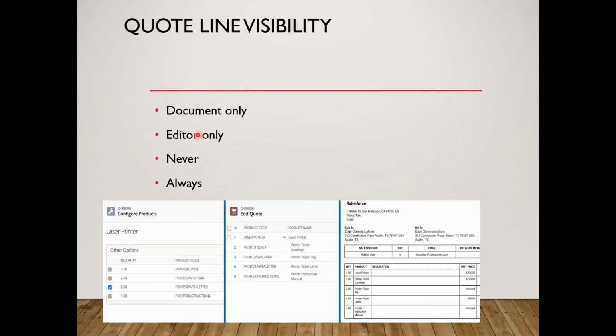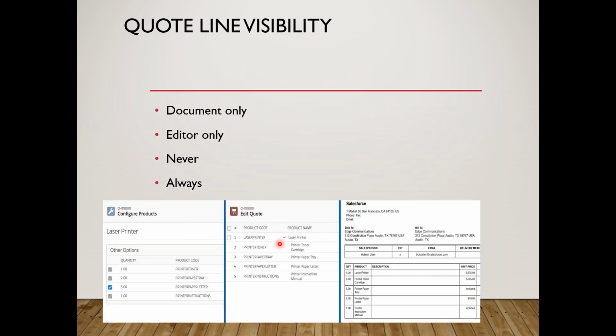What is Editor only? That is the second type of quote line visibility. Editor only means it will only display on the edit line screen. When you are actually adding a product, you will see that product and can change anything there, but you don't want to show it on the generated PDF. It will only display on the editor screen.